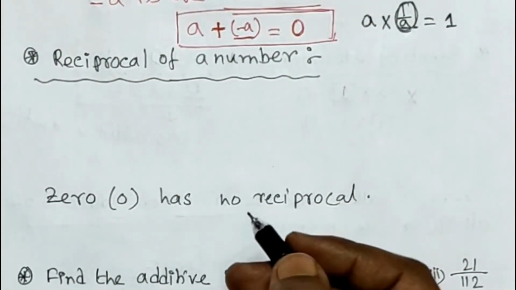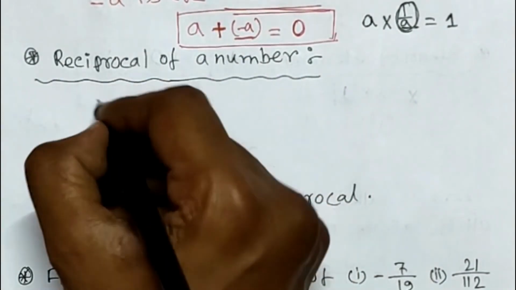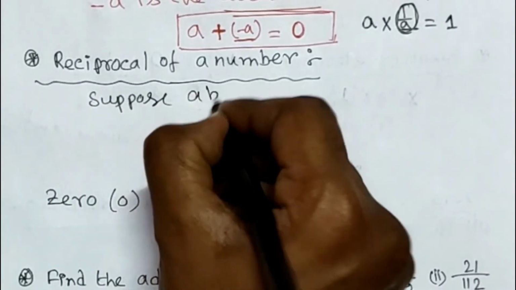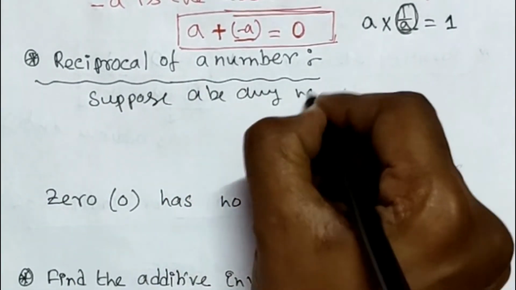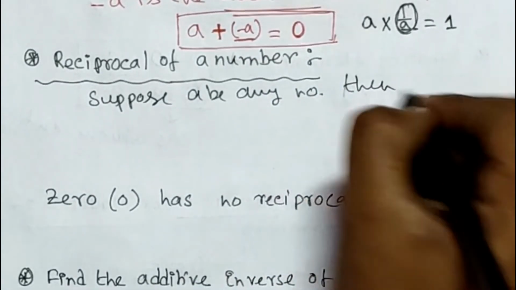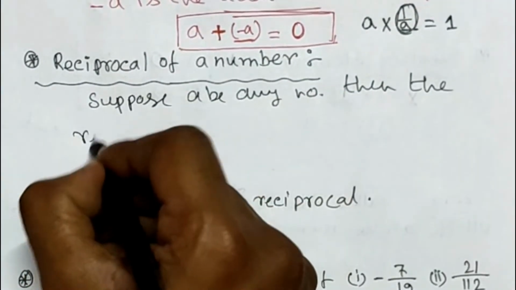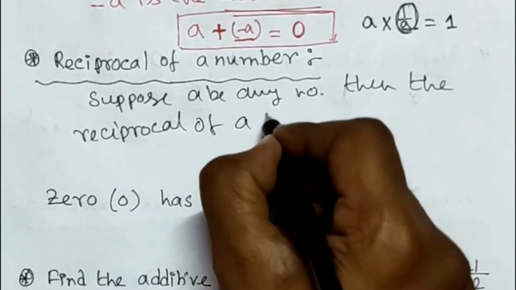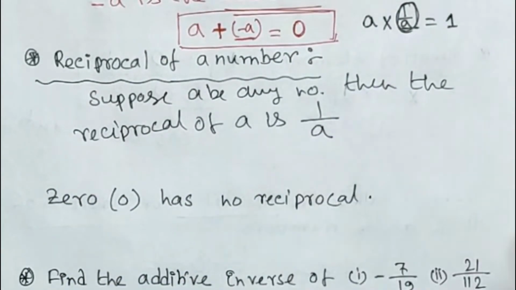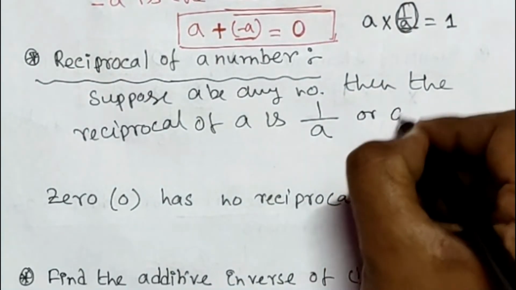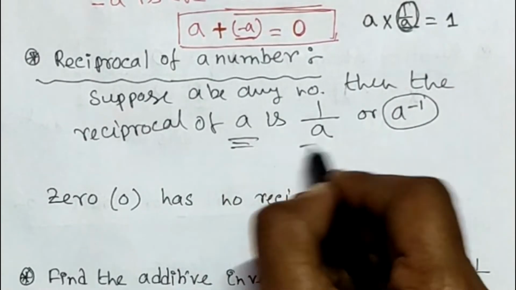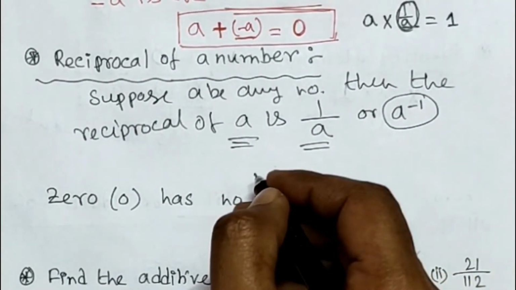Next we will discuss that one. Look, reciprocal of a number. Suppose a is any number, then the reciprocal of a is 1 by a, or we can write it as a to the power minus 1. Clear? So reciprocal of a is 1 by a or a inverse.